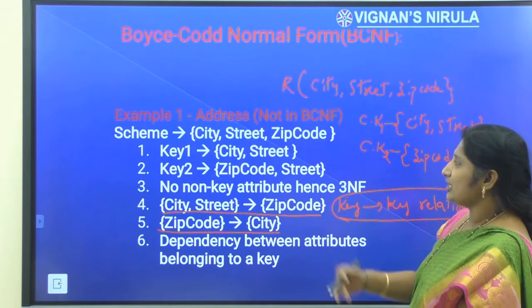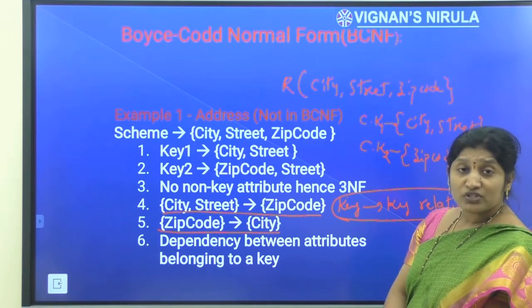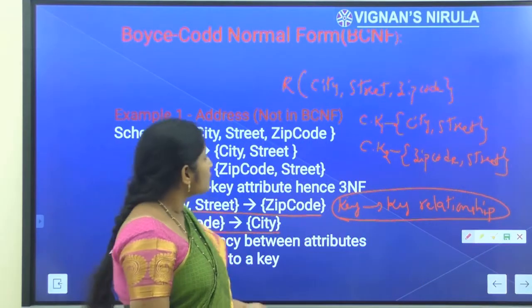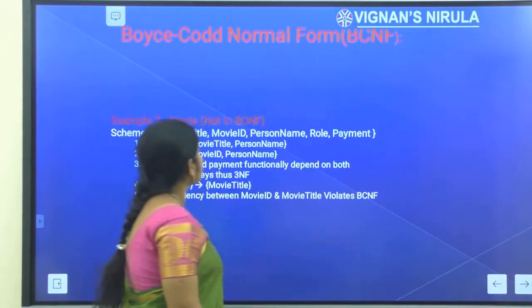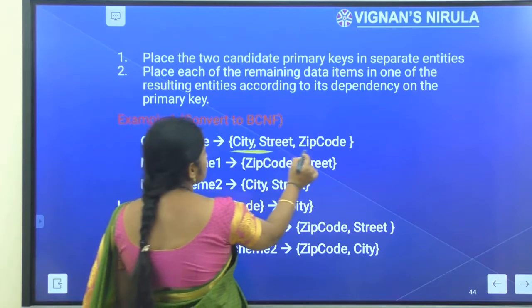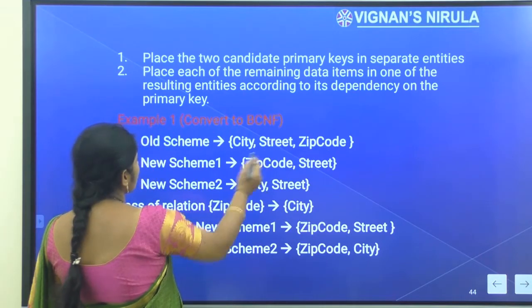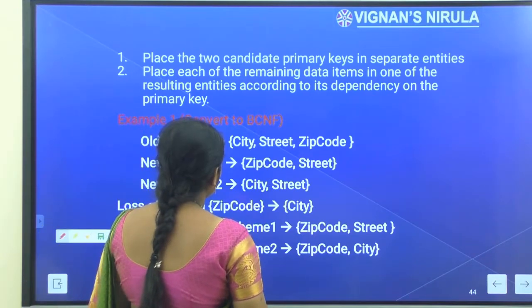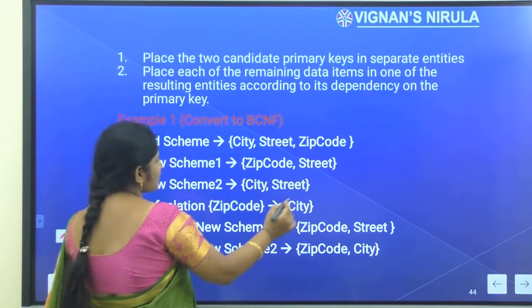So in order to convert this into BCNF, we should have a procedure of decomposition. We'll see how to convert that into BCNF by using decomposition. In order to convert that, what are the FDs I have? What is the first relation I can have?